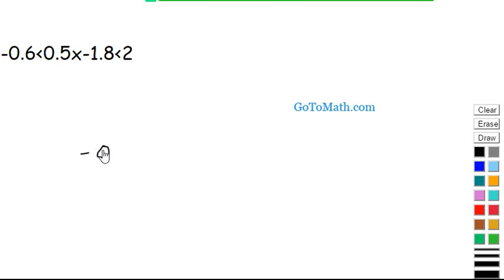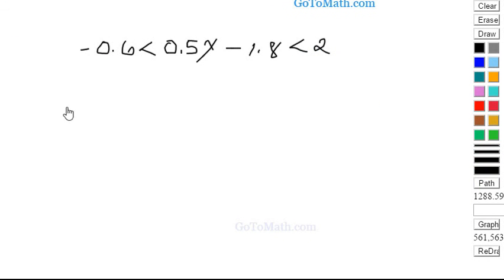We got negative 0.6 is less than 0.5x minus 1.8, which is less than 2. Right, so like the other problems, we break this up. Negative 0.6 less than 0.5x minus 1.8.